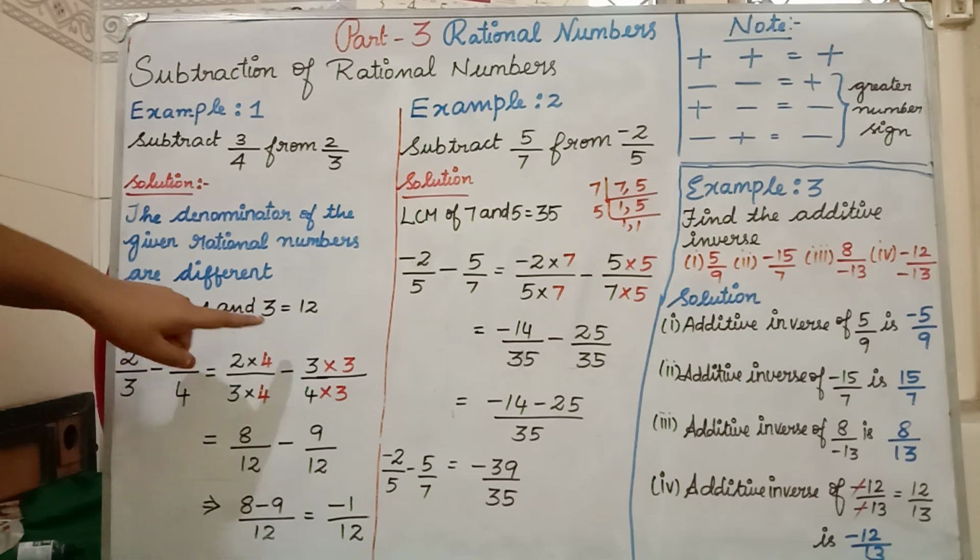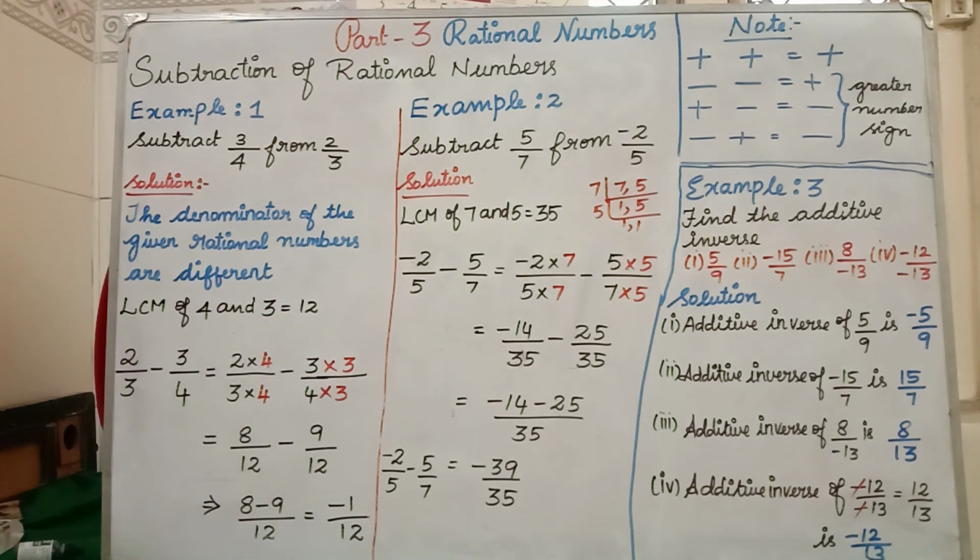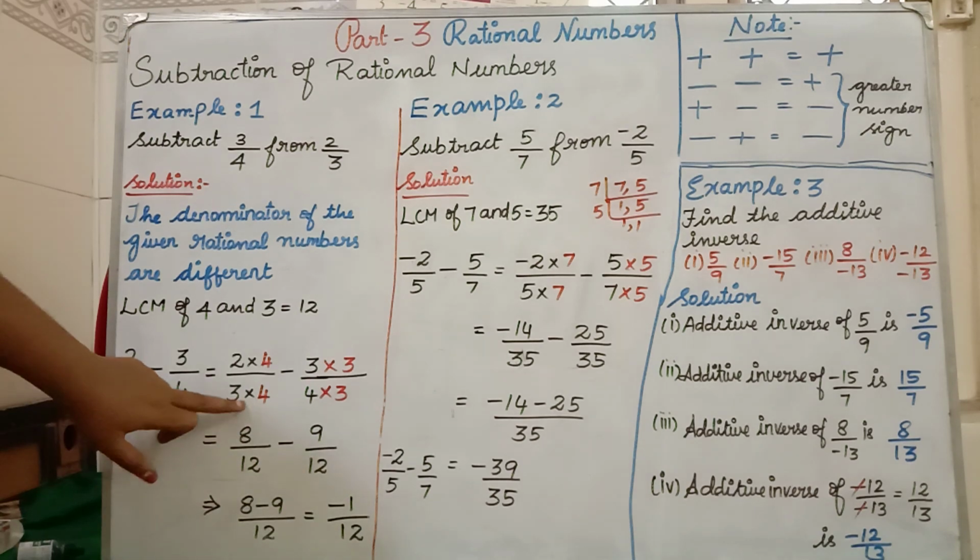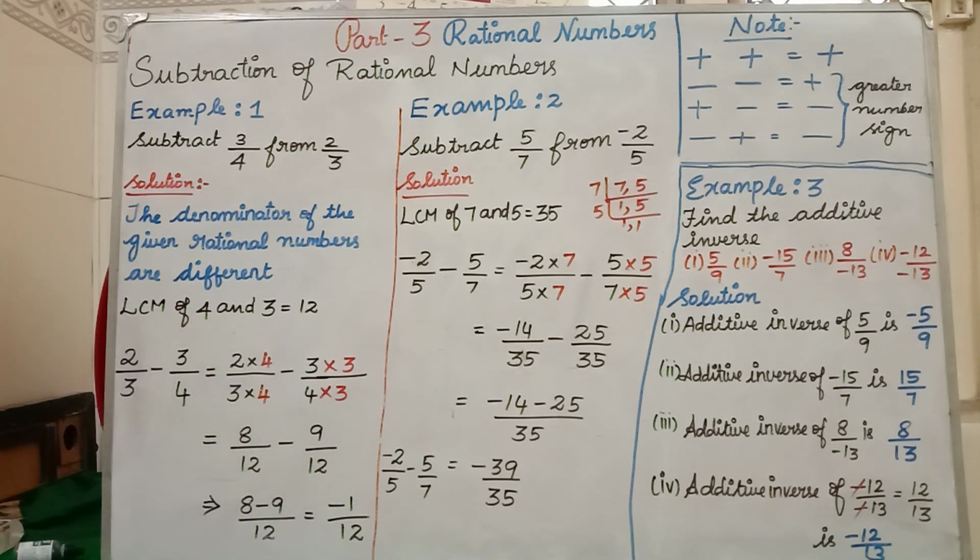After that, what is our LCM? 12. To make the denominator 12, you have to think, in the 3 table how many times will 12 come? 4 times. So whatever number you put in the denominator, the same number you have to put in the numerator also.